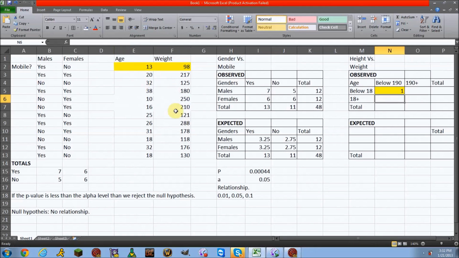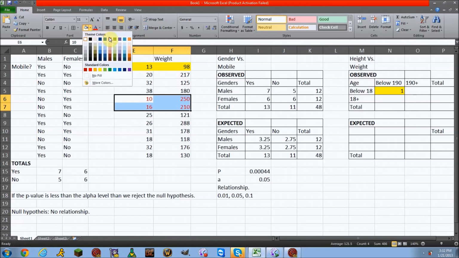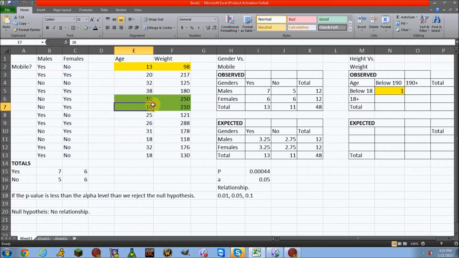Now remember, all this data is made up, so it's not really accurate even. So now we go below 18 who are above 190, which were these two right here. I'm going to make this green. I accidentally made this red. Okay, so we're going to make this green, and that was 2. Now we're going to do 18 plus that are below 190.